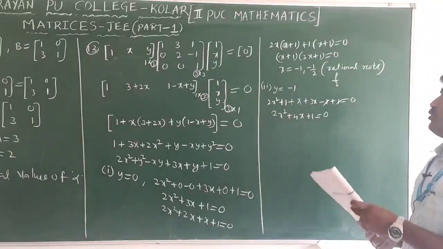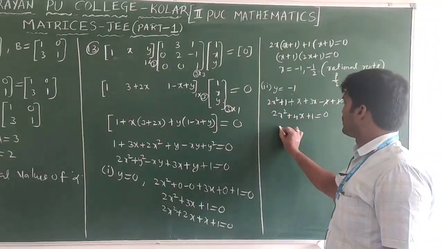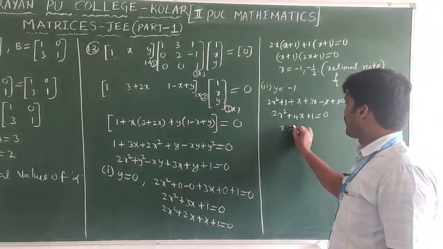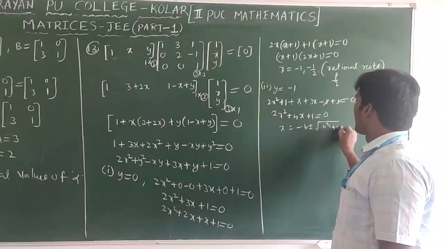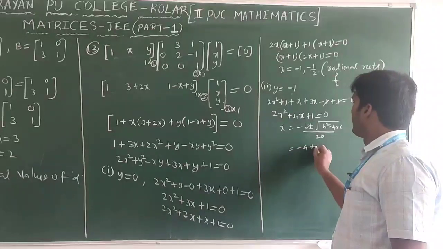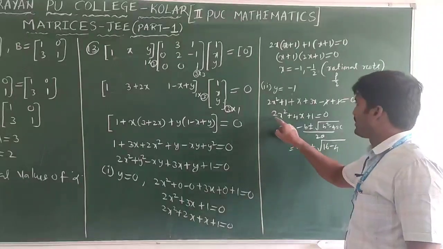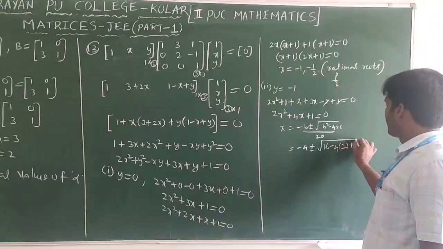In this, what type of roots will we get here? Condition wise, find out using the roots formula, because factorization is not possible here. So what formula? Minus b plus or minus under root of b square minus 4ac by 2a. Minus 4 plus or minus root of b square, that means 16, minus 4 into a value 2, c value 1, by 2a.